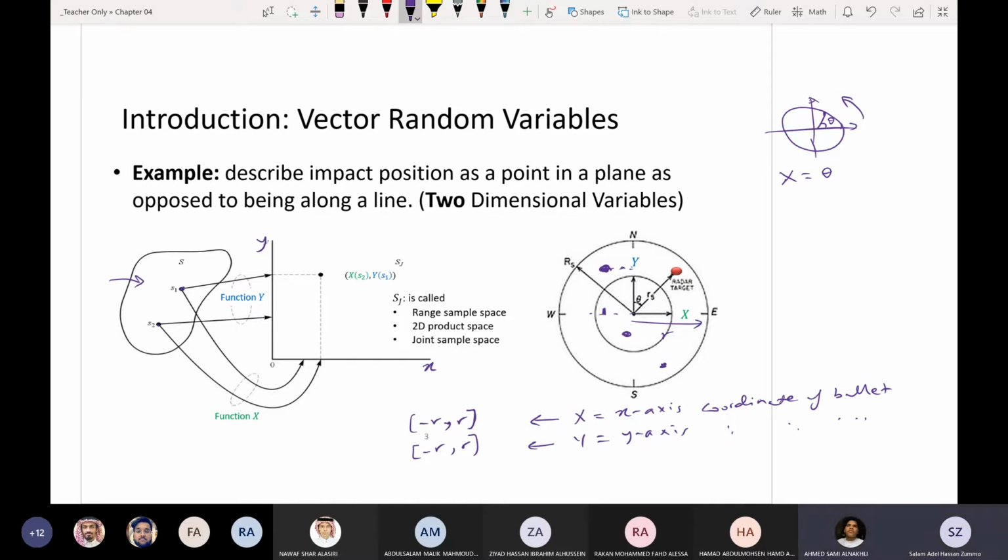Doctor, based on this graph on the left, a value from the sample space can have multiple values, right? Yeah, one value of the sample space can have multiple values of x, but not the other way around. One value of x cannot take multiple values from s.